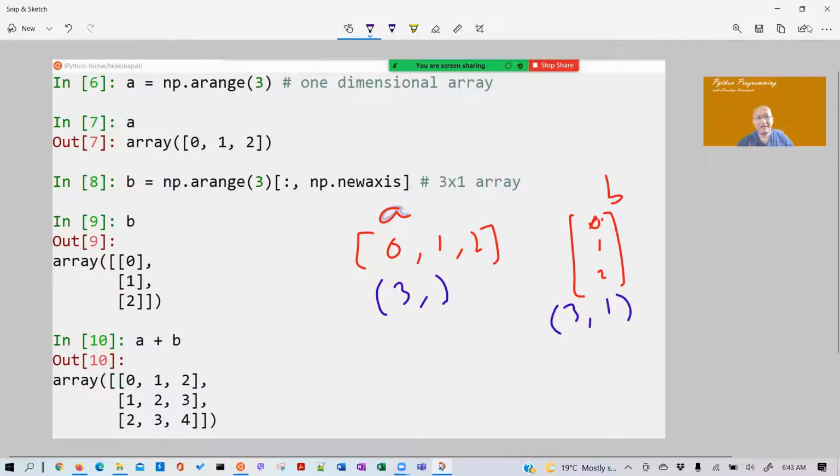Excellent. So A is (3,) and B is 3 by 1. Very good.